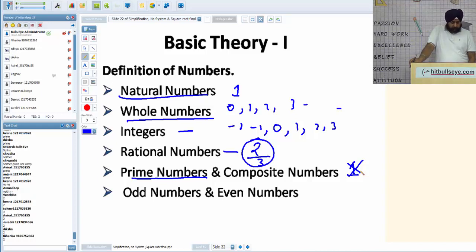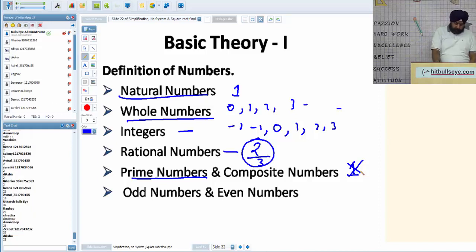If I ask how many prime numbers are there up till 100? Yes, 25, absolutely. You should understand the number of prime numbers from 1 to 100 is 25.